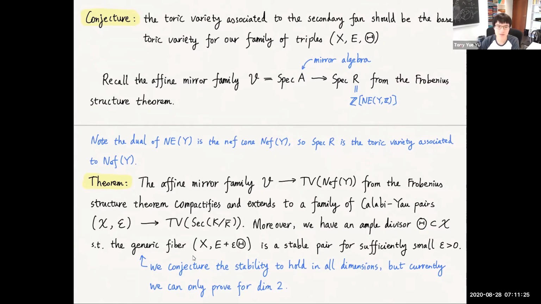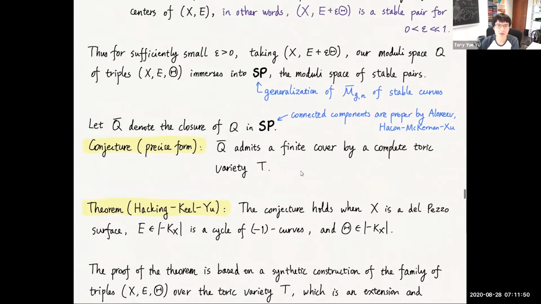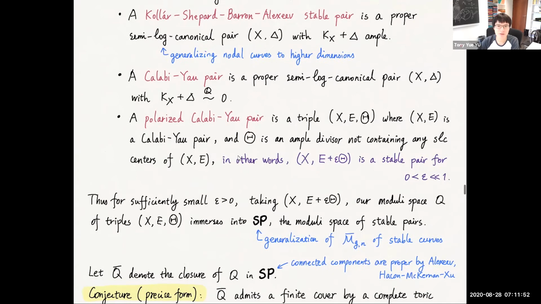And we expect the stability to hold in all dimensions, but currently we can only prove it for dimension 2. Recall that in our definition of polarized Calabi-Yau pair, for the triple to be a polarized Calabi-Yau pair, we need this stability condition.